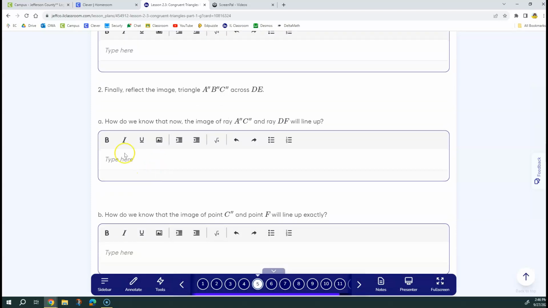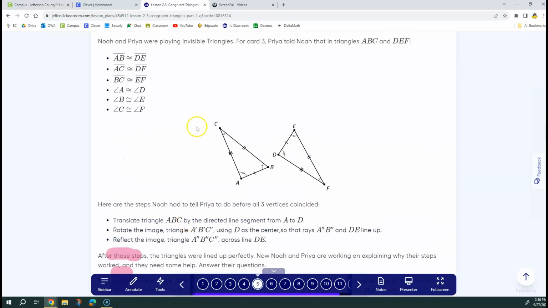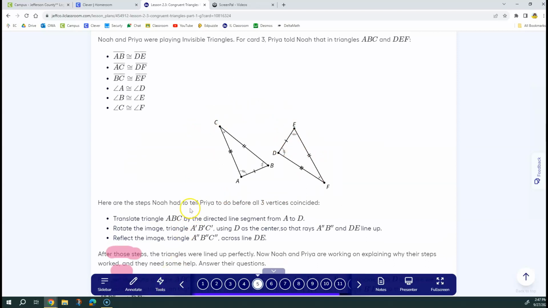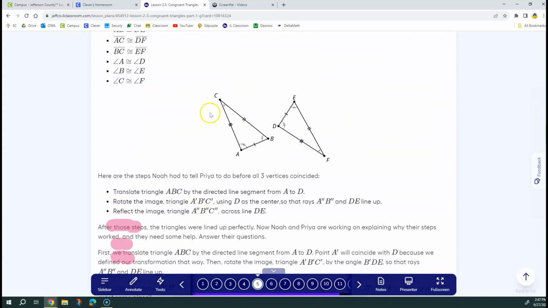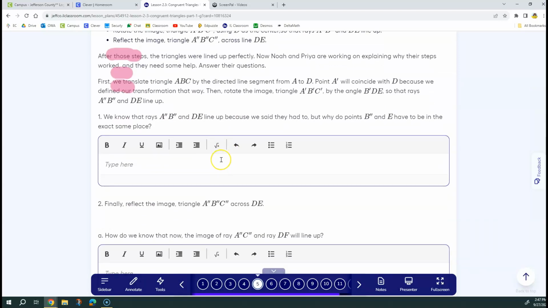If you want to get out paper, or try using the geometry tools to do these steps, go for it. Unfortunately, I could not put these images on the geometry tool, and they're not set up to do it here in ILC. Gotta love it. But if you want to grab some paper and try this on your own, that would be helpful.